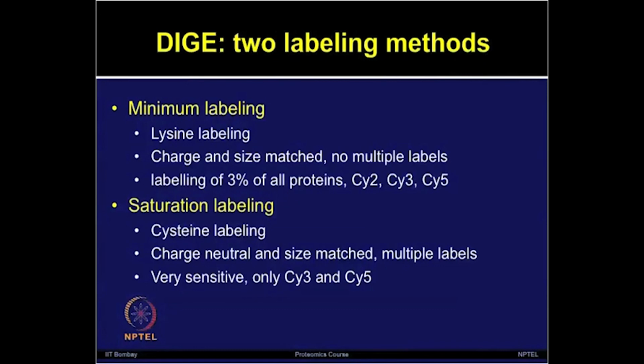The lysine labeling method, also known as the minimal labeling method, is where the charge and size of the dyes are matched and there are no multiple labels. It is known as minimal labeling because it labels only 3% of all the proteins. We are aiming for a very small amount of the proteome to be labeled, and that will be covered in the next slide.